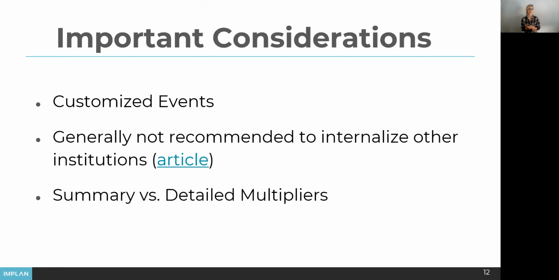Government budgets are usually set far in advance and using other methods not specifically related to some construction activity that's happening in your state. There are a few exceptions and cases where it is justifiable to internalize state and local government. And we have an article that discusses this whole topic of internalizing other institutions, which just basically means counting their spending as part of induced effects.